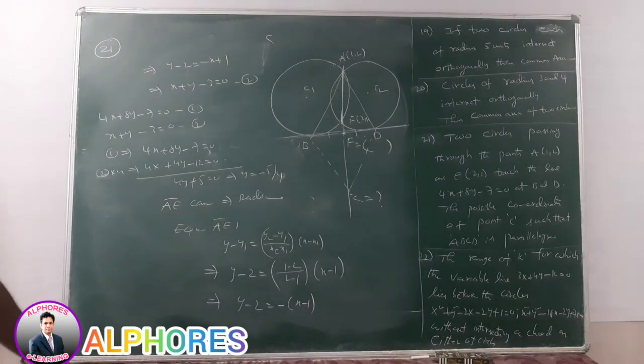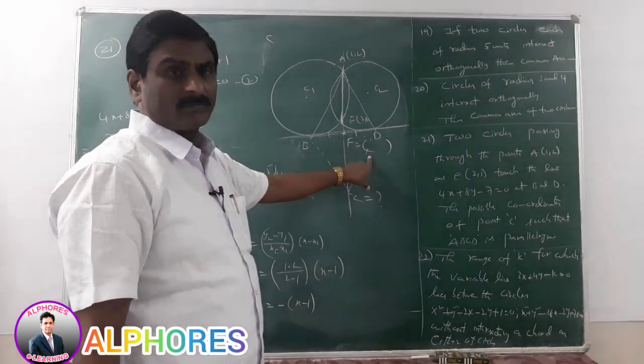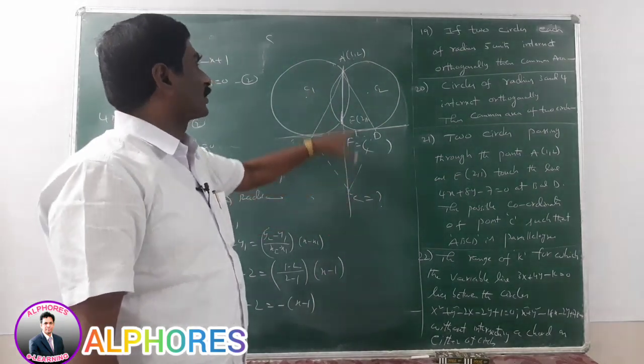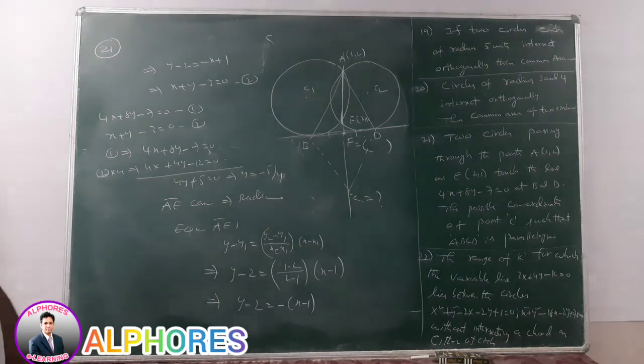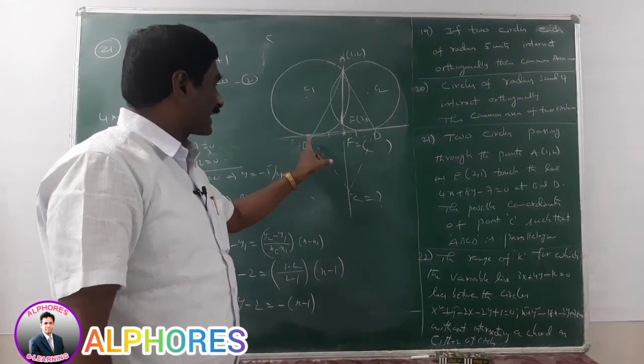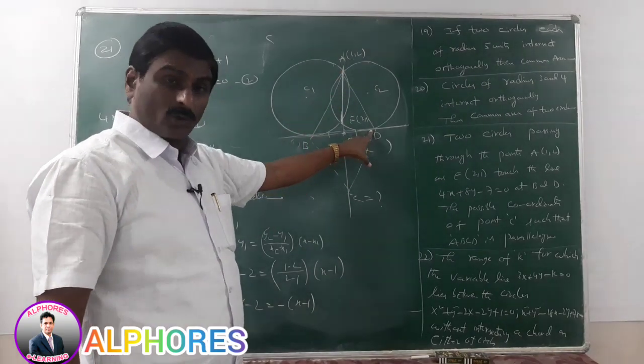Okay. Here ABCD is a parallelogram. So F is the midpoint of AC. Therefore, C is equal to 2F minus A. By using that property, we find the value of C. Here, the radical axis bisects the diagonal into two equal parts.